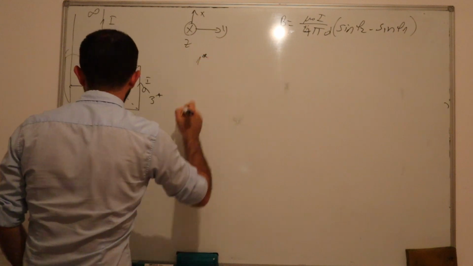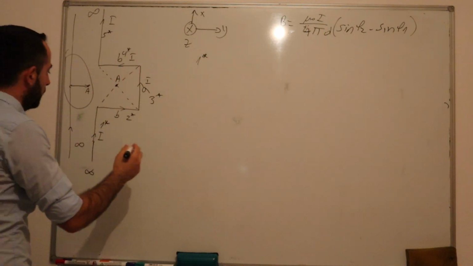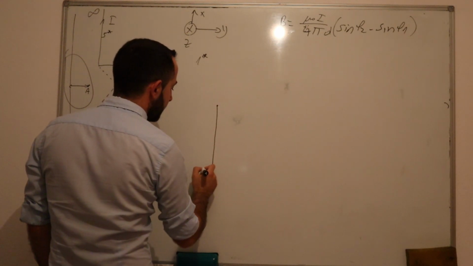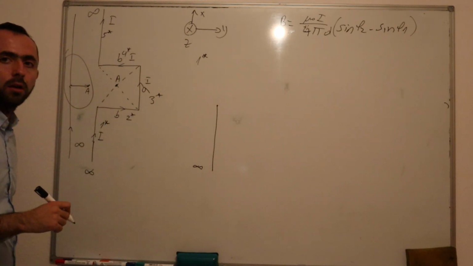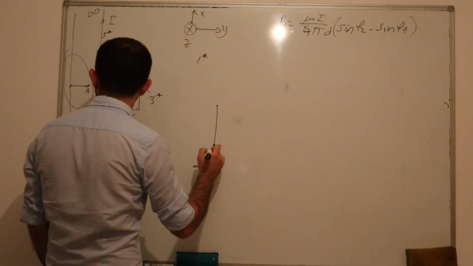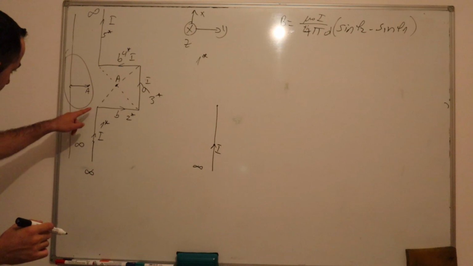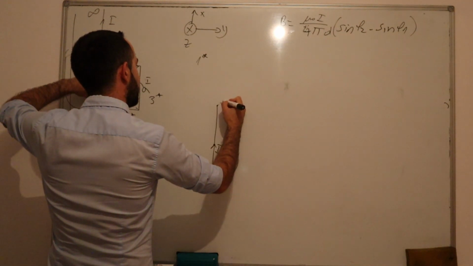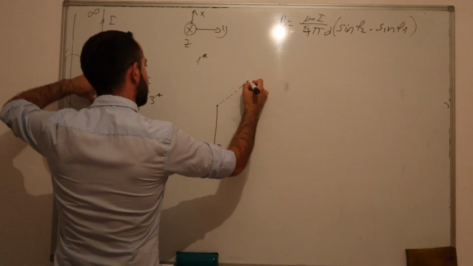So let's firstly solve the first case. What will we have? Okay, this is the conductor, infinitely long. We have a current I. But our point is here. Look at this, we have some distance.